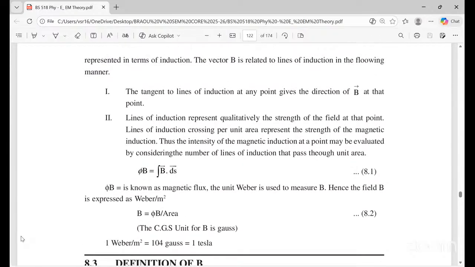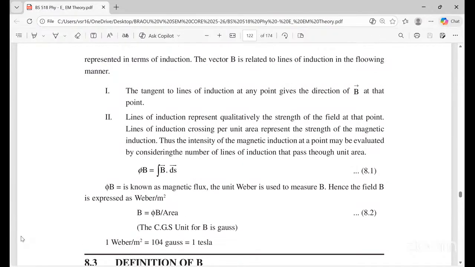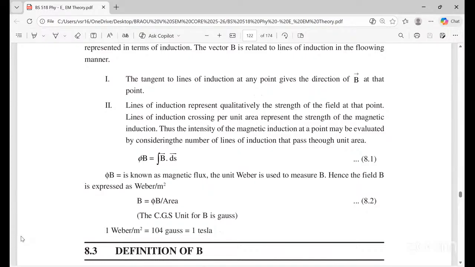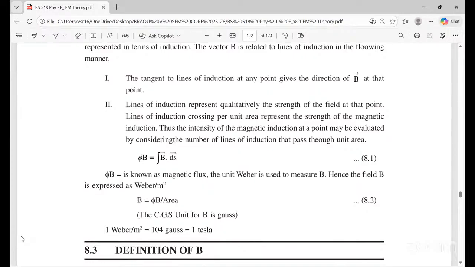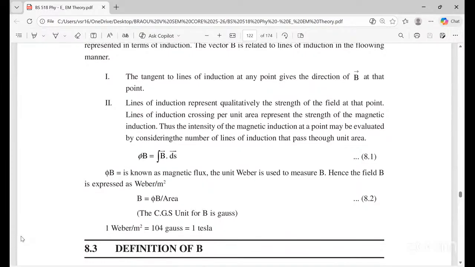The B value is tangent to the line of induction at any point, and gives the direction of B at that particular point.